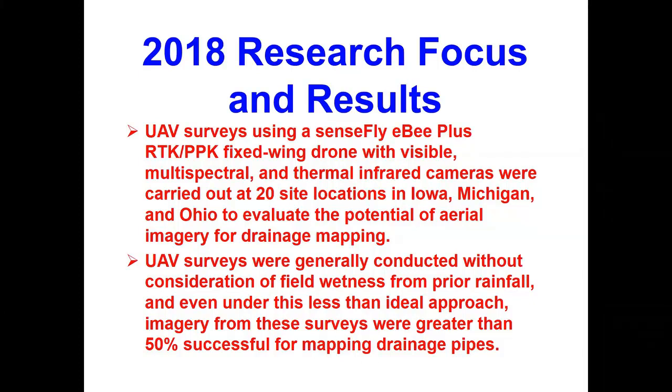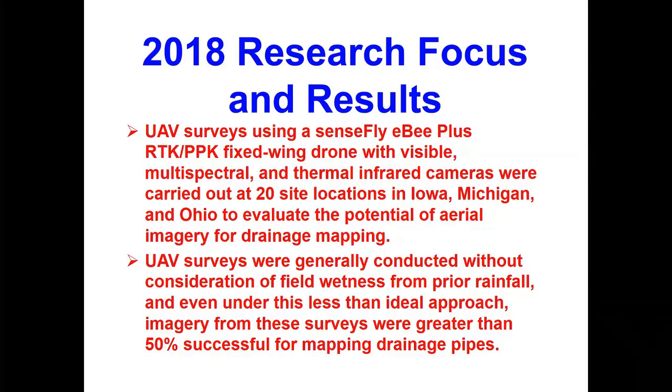We had 3 different cameras: a broadband visible camera that's RTK GPS compatible, and a multispectral camera that has green, red edge, and near-infrared bandwidths. The red edge, if you're not familiar, is just that bandwidth that's right close to where red and near-infrared are on the EM spectrum. And then we had a thermal infrared camera.